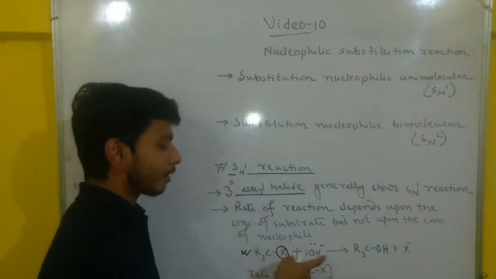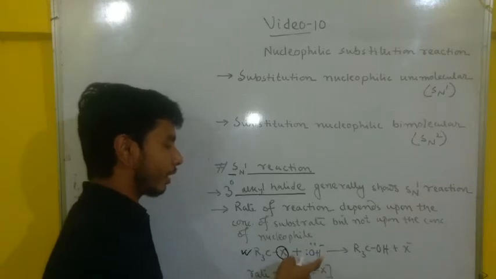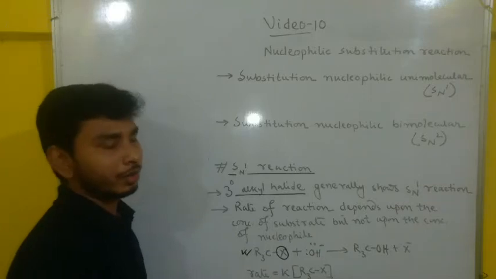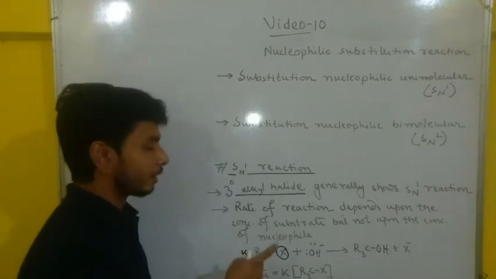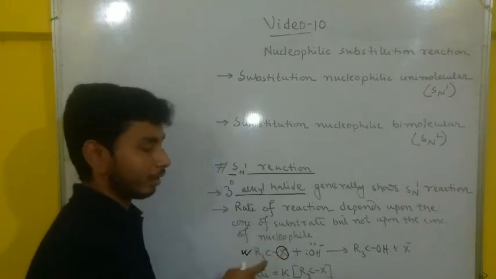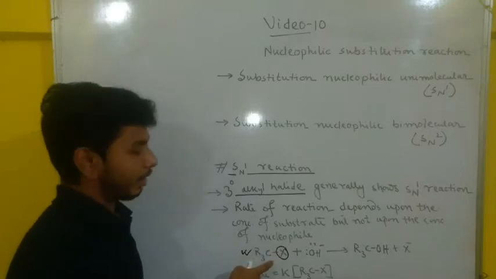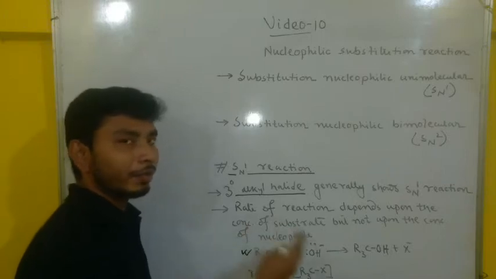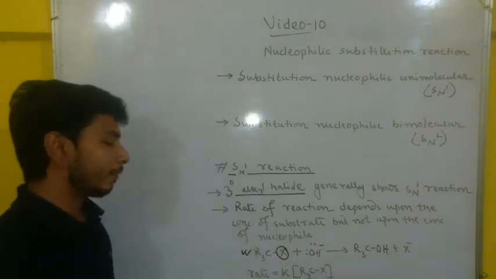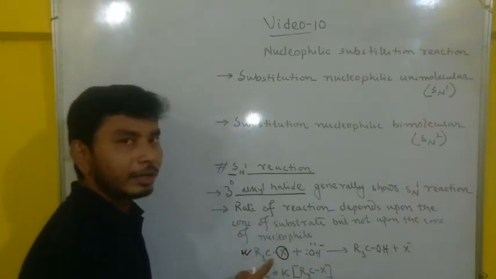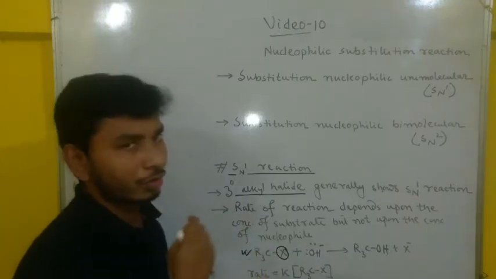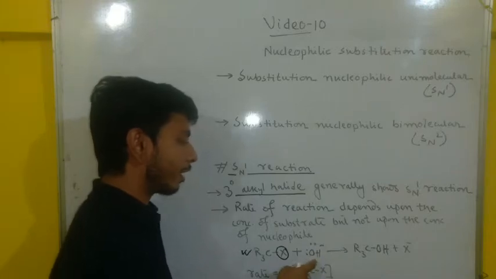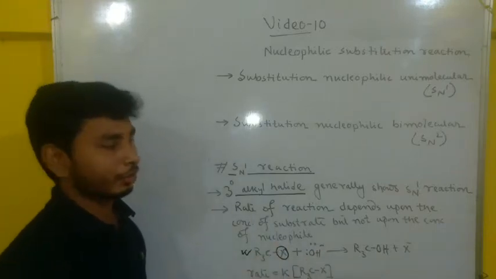So whatever be the concentration of nucleophile, the rate is not influenced by it. If the concentration of alkyl halide increases, the rate of the reaction will increase. If it decreases, the rate will decrease. But whatever be the concentration of nucleophile, it does not influence the reaction.